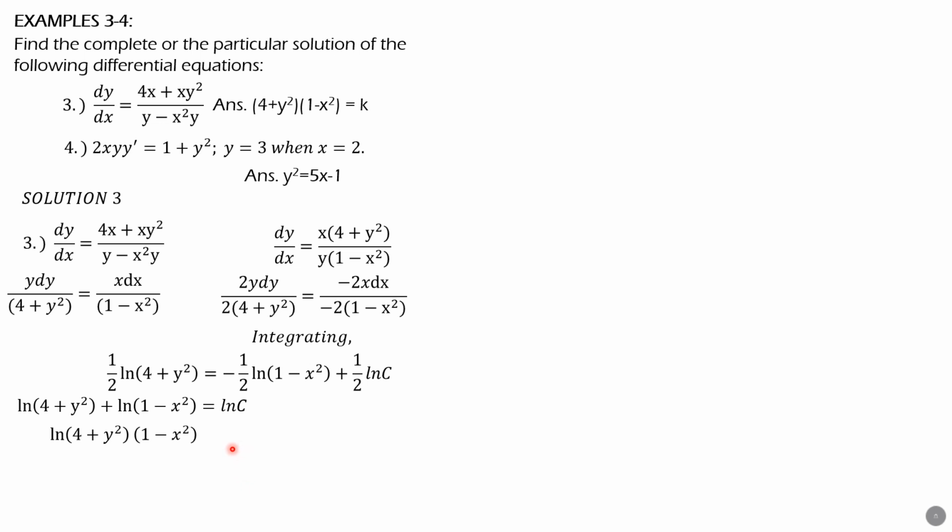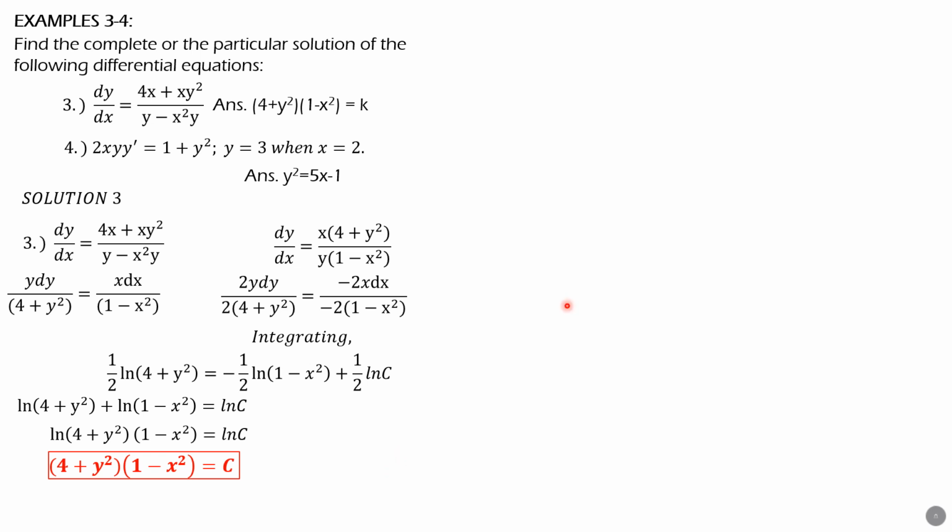Then equating the functions: ln of something equals ln of a constant, so this something equals that constant. The complete solution therefore is (4 plus y squared) times (1 minus x squared) equals c.